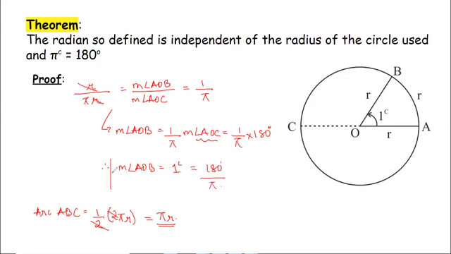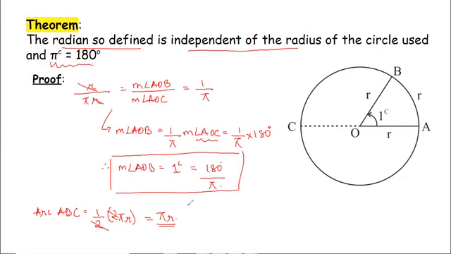This statement proves both of our requirements. First requirement: the radian so defined. 1 radian, given in the boxed part, is independent of the radius. It depends only on 180 degree and pi, which are constants. The second requirement is that pi radian should be equal to 180 degree.